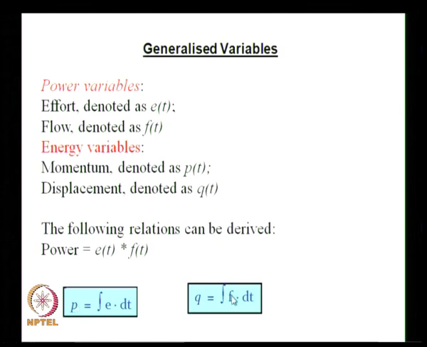For example, if F is the velocity, then the integration of velocity gives you the displacement. So that is the relationship between the variables F and Q and E and P, and the power transfer is E(t) multiplied by F(t). So these are the four generalized variables used in modeling.